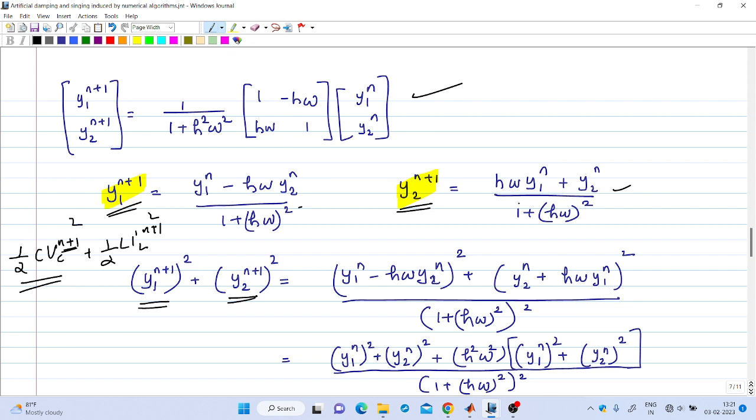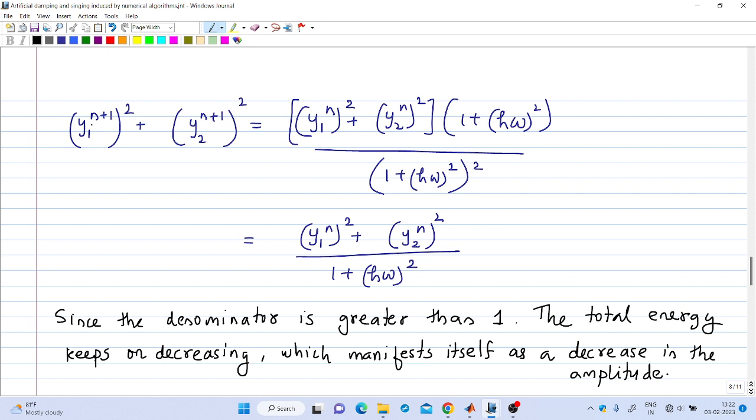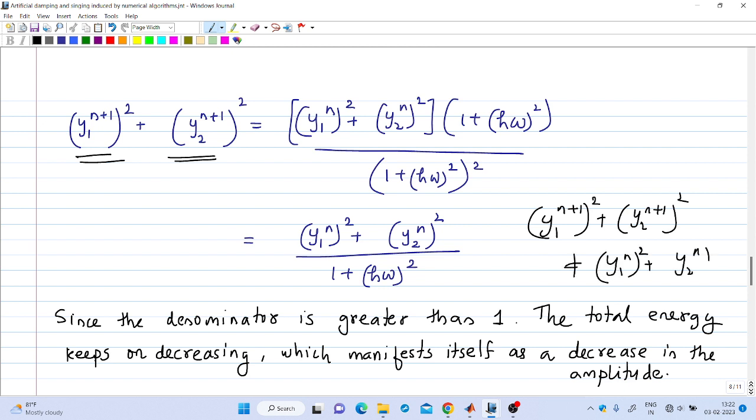And if you do the substitution, you can see that y1 n plus 1 square plus y2 n plus 1 square is not equal to y1 n square plus y2 n square, because here you can see there is a denominator greater than 1.